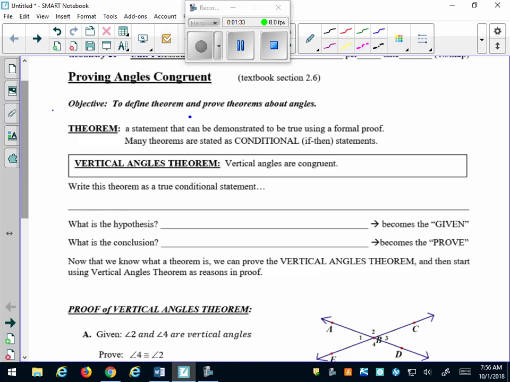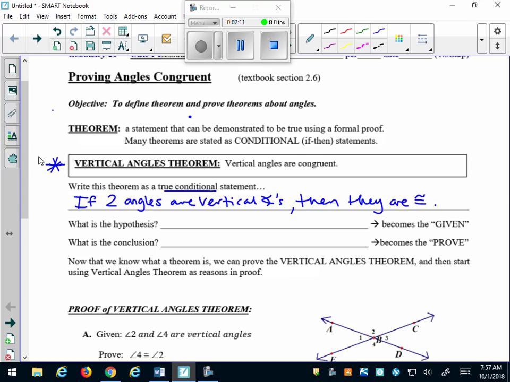Okay? Many theorems are stated as conditionals, if-then statements, which we've learned about. The first theorem that we're going to talk about today is one that you're familiar with, the vertical angles theorem. One way of stating it is that vertical angles are congruent, but we've also stated it as a conditional: if two angles are vertical angles, then they are congruent.